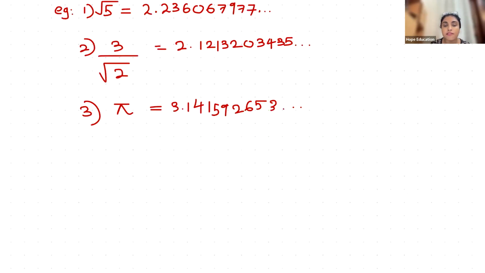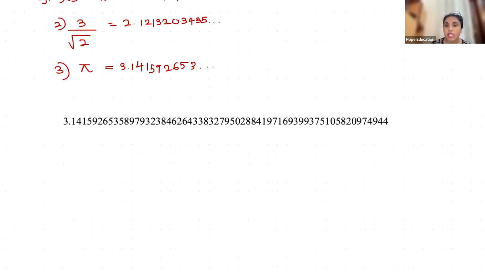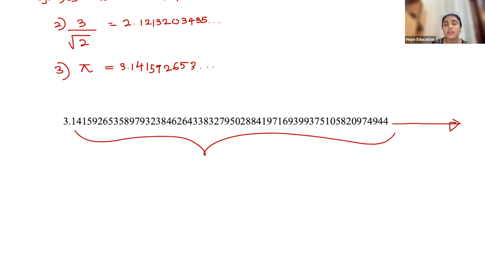There are 60 decimal places here. Even then, this is not over. This goes on and on and on, even further. But here we have shown 60 decimal places, and that's not the end. We can get more decimal places. And even if you look at these numbers, can you see any pattern? We can't see a pattern. So pi is also an irrational number.